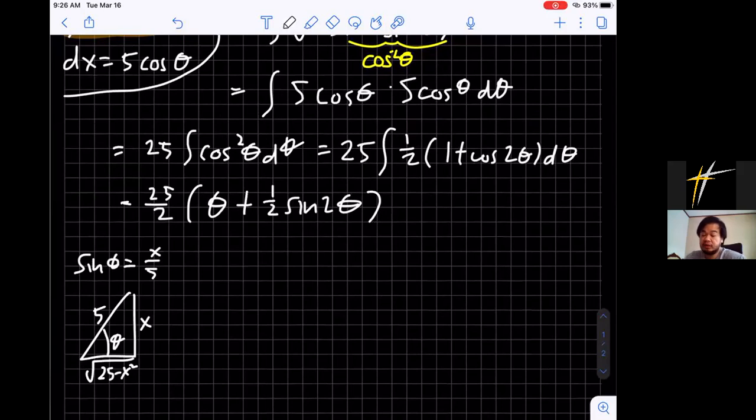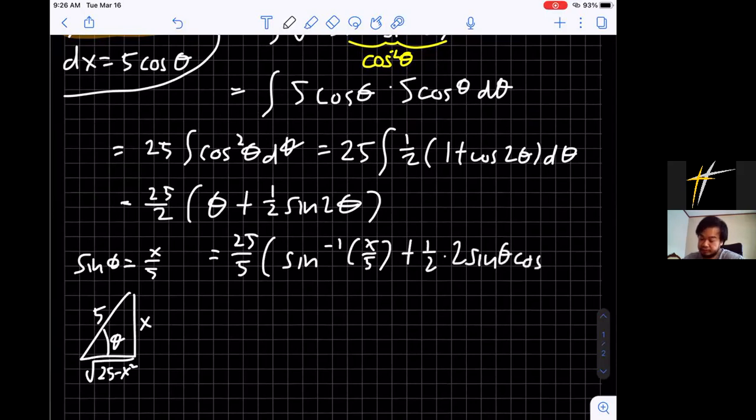Okay. So then theta is equal to sine inverse of x over 5. And then half sine 2 theta is changed into half times 2 sine theta cos theta. Cancel. Yeah.